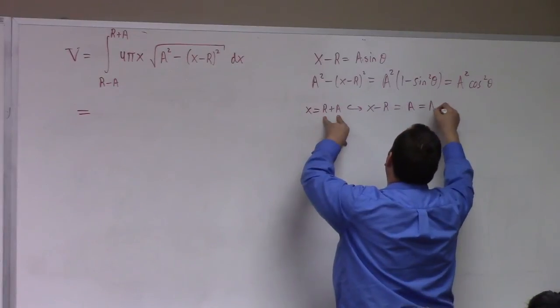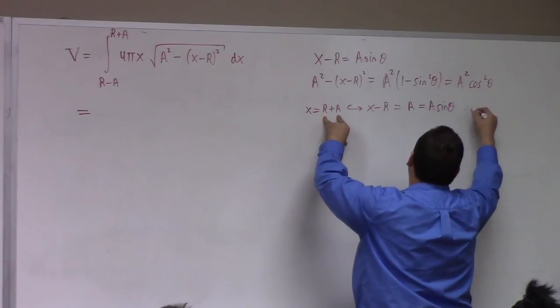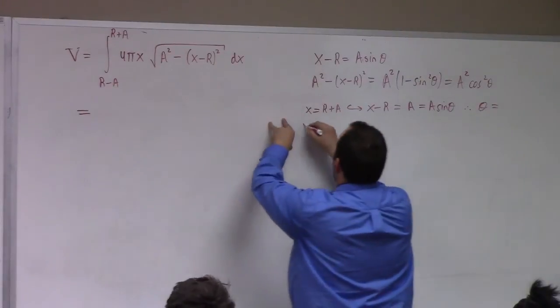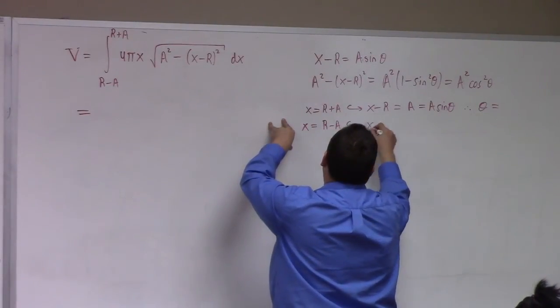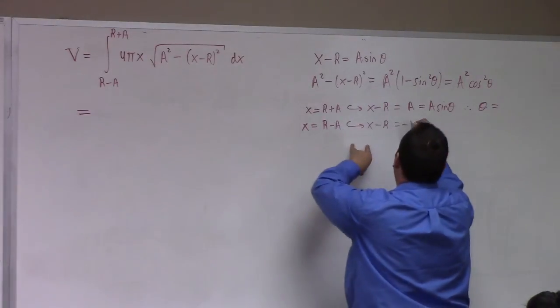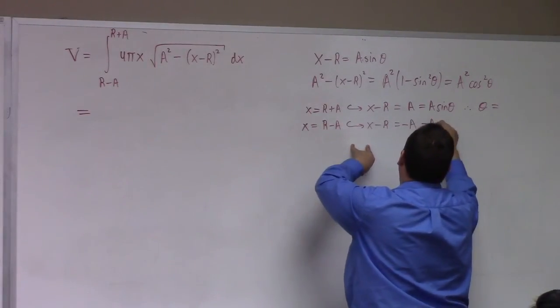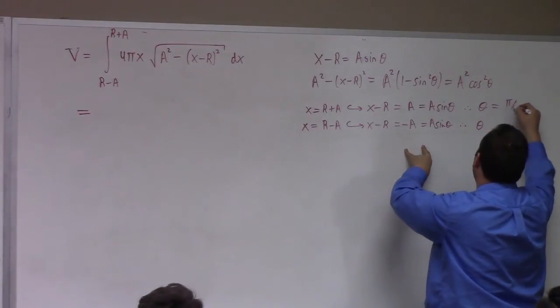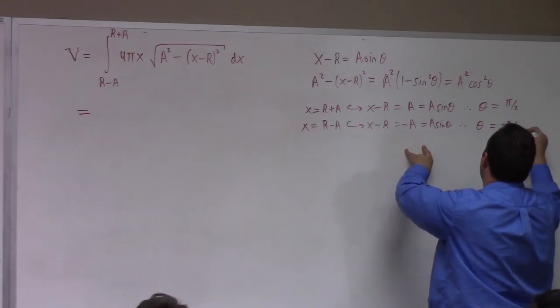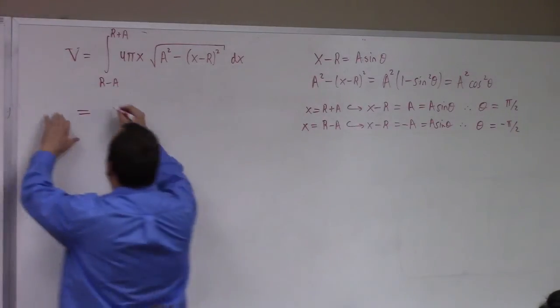So a is equal to a sine theta, so theta is equal to pi over 2. So we got ourselves pi over 2 and minus pi over 2 for our bounds.